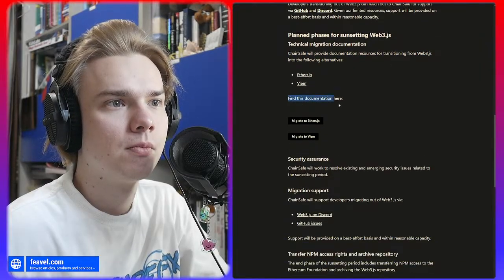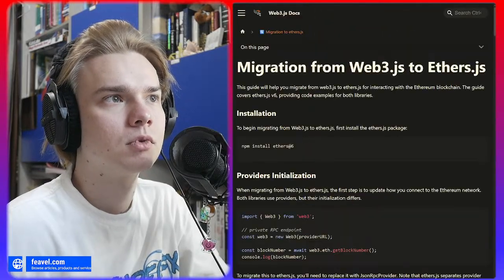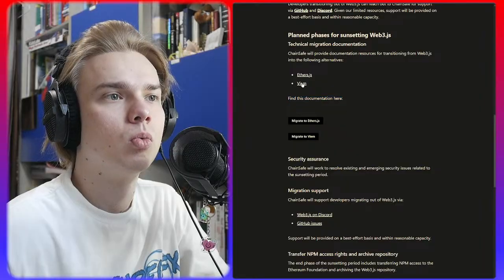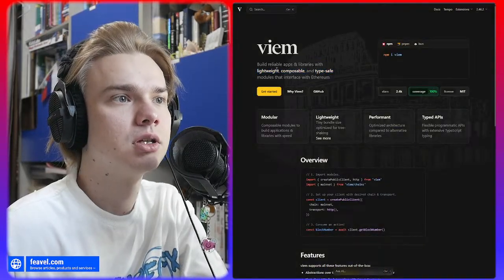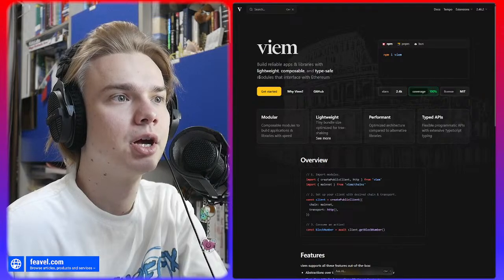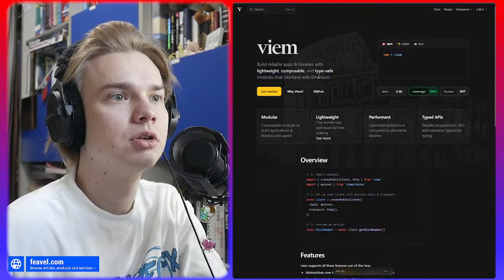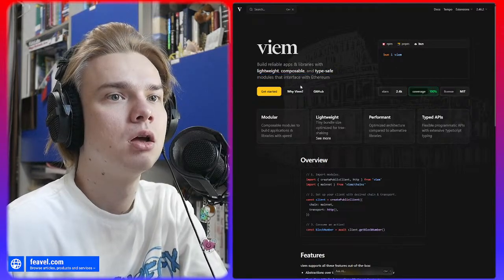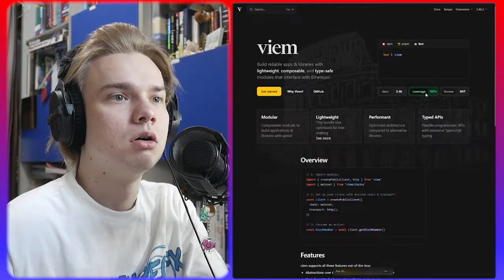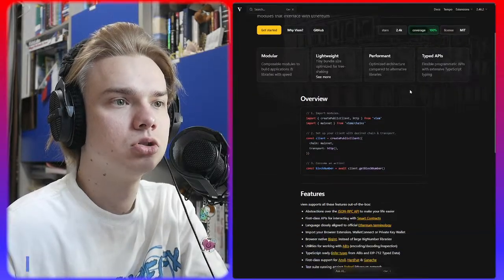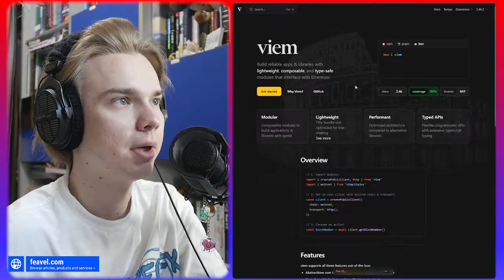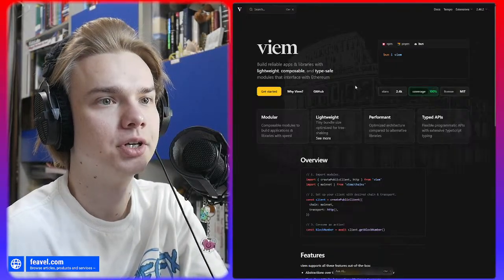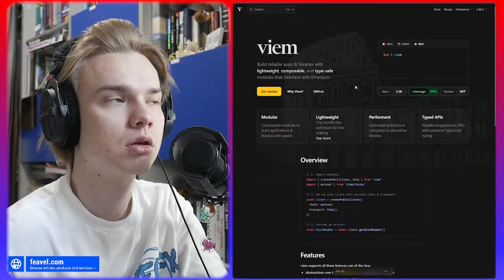Viem. Okay, cool. What's Viem? Build reliable apps and libraries with lightweight, composable, and type-safe modules that interface with Ethereum. Okay, so I see the idea is that you have a package and it helps you to interact with ETH.